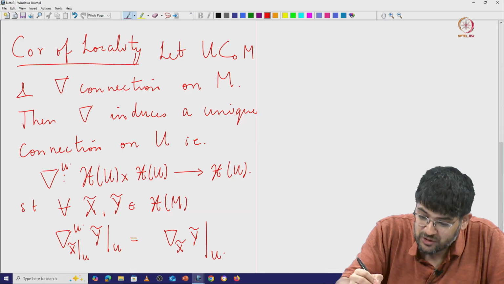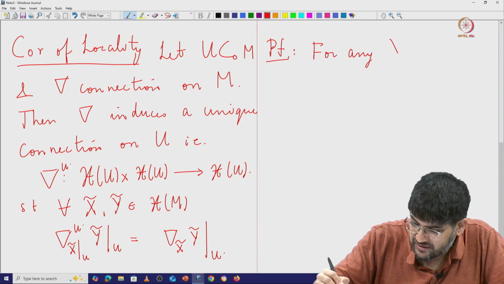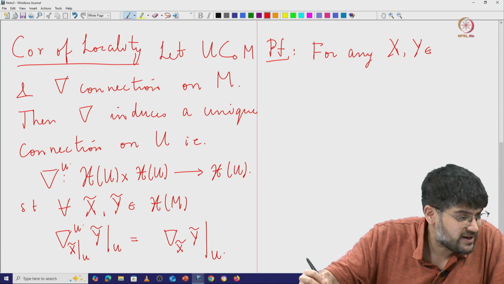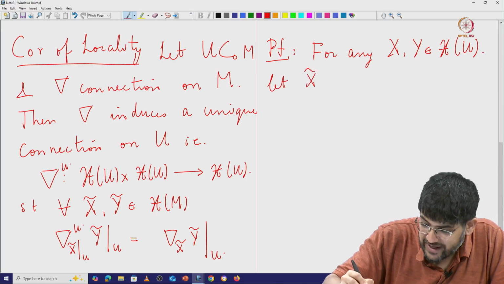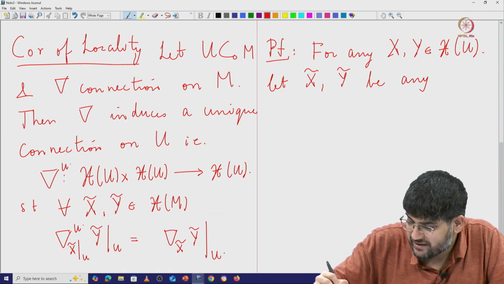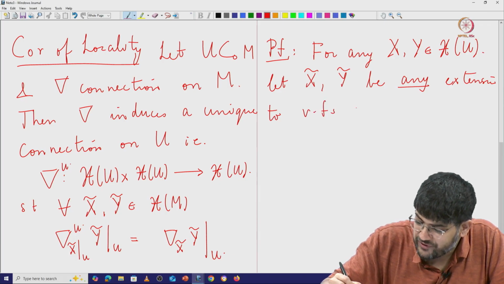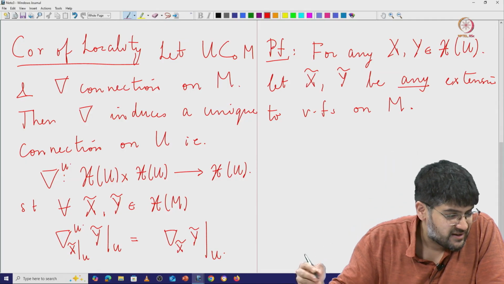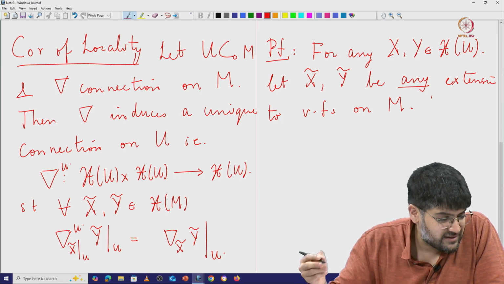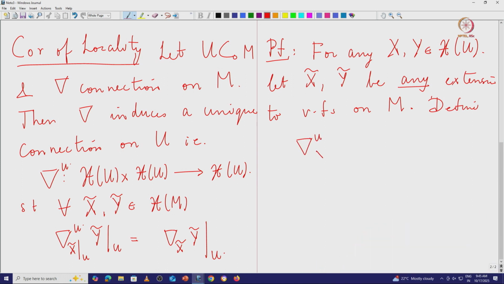So what is the proof? For any X, Y which are vector fields on U, let X tilde, Y tilde be any extensions to vector fields on all of M. So you extend X and Y arbitrarily to vector fields X tilde and Y tilde, and define nabla^U of Y with respect to X to be this.